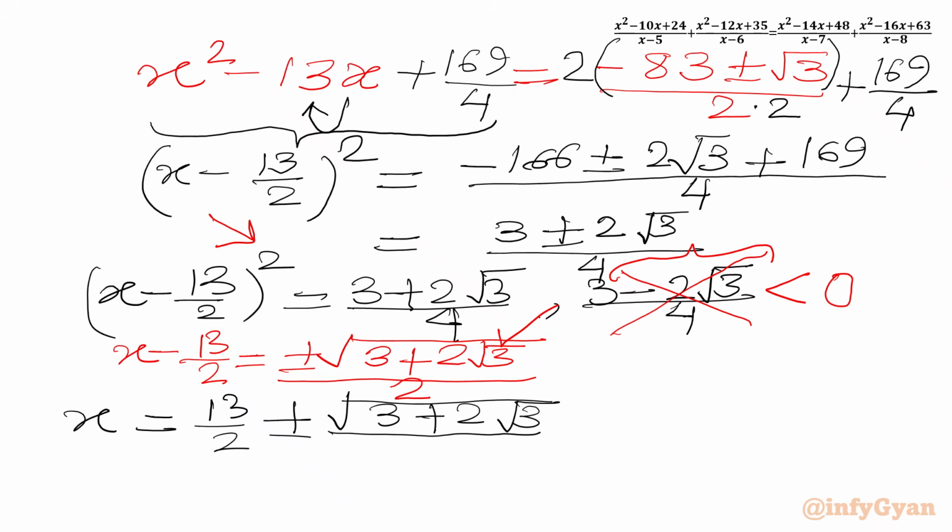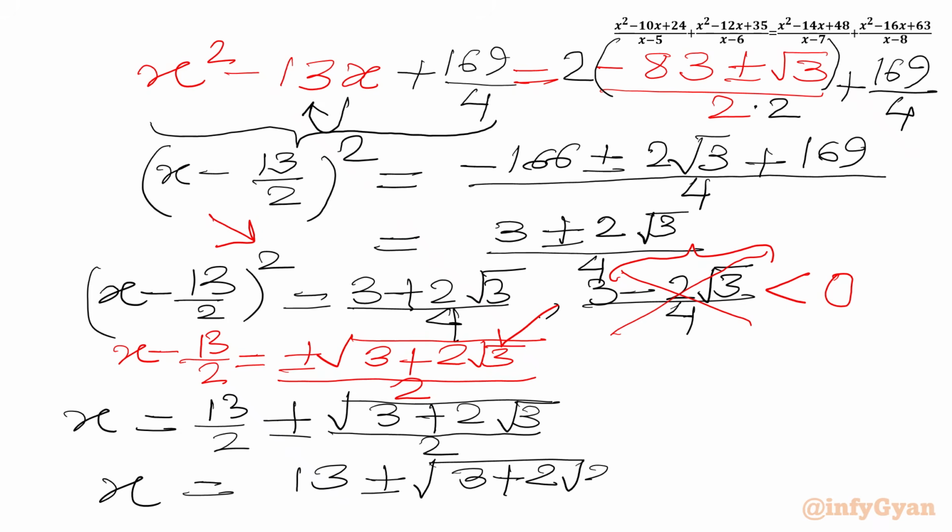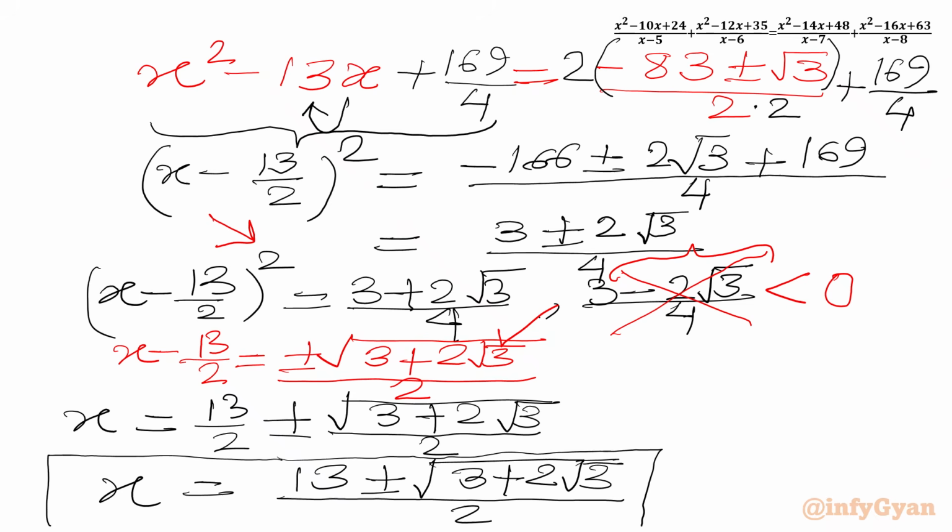Our denominator is the same, so we will get x equal to (13 plus minus a square root of (3 + 2 root 3)) over 2. So we have two real values of x which will satisfy our rational equation.